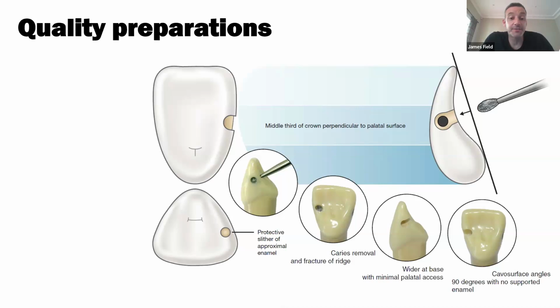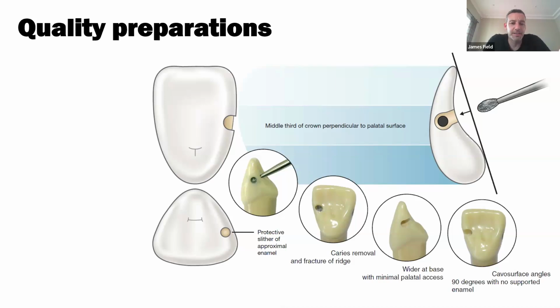And we can be protective to the adjacent tooth by leaving a very thin sliver of approximal enamel, which can then be either fractured away with hand instruments or carefully abraded away with the rotary instrument itself. And really, that should be slightly wider at the base with a minimal palatal access, and we should have cavo surface angles which are around 90 degrees.